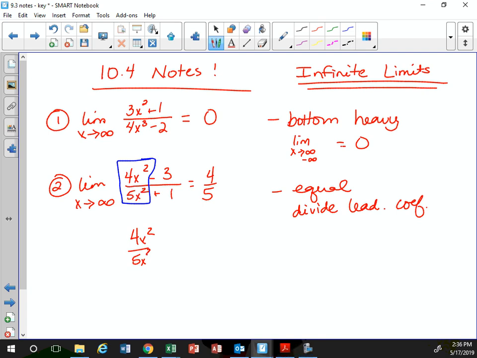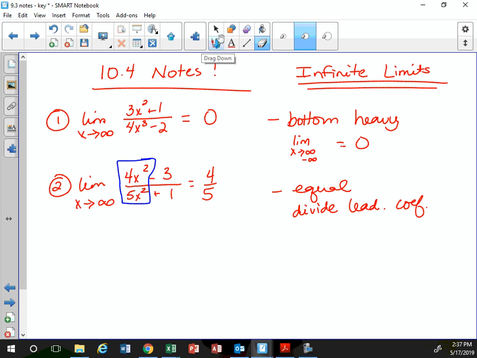If that's my fraction, I can reduce it to just 4/5. The reason is that as x approaches infinity, are a 1 and a 3 really important when we're talking about numbers as big as infinity? No, they don't matter. This number is humongous, this number is humongous, so the 1 and 3 are insignificant.